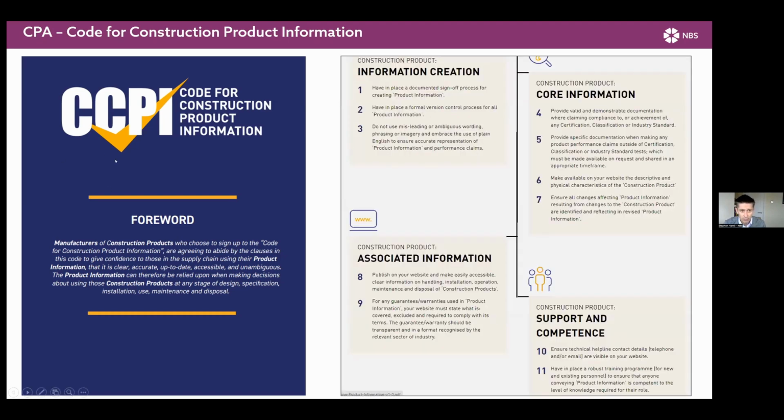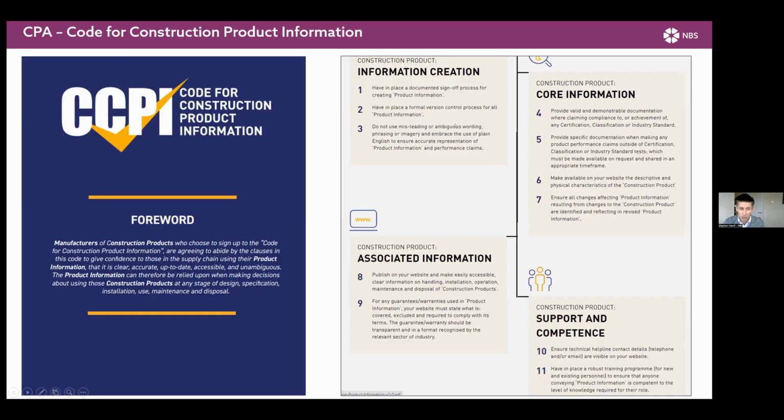And the CPA plus the working group produced a code which had 11 different clauses on the basic principles about how manufacturers create that information, what core information they should make publicly available, things like the technical characteristics, the third-party certifications, guidance on application, classification, associated information, installation manuals, operations manuals, maintenance manuals, warranties, etc. And then easy technical support from the manufacturer as well.